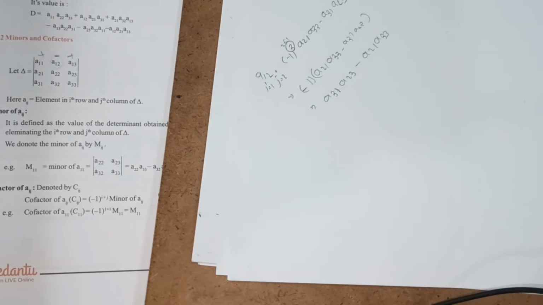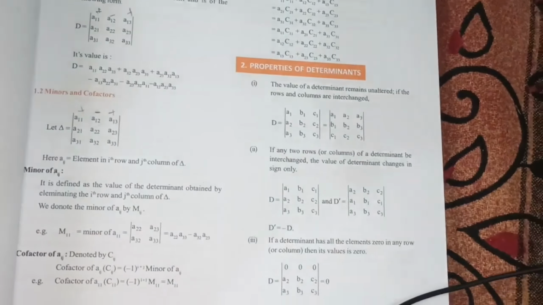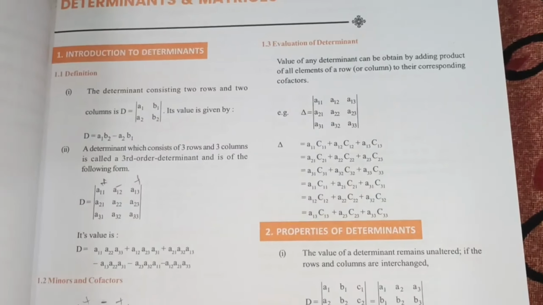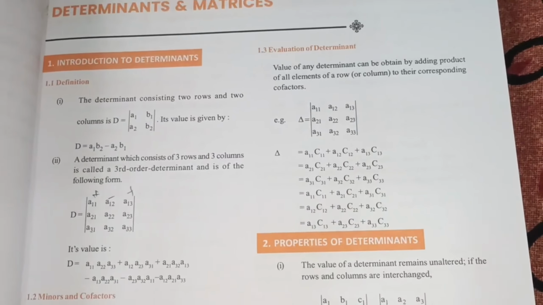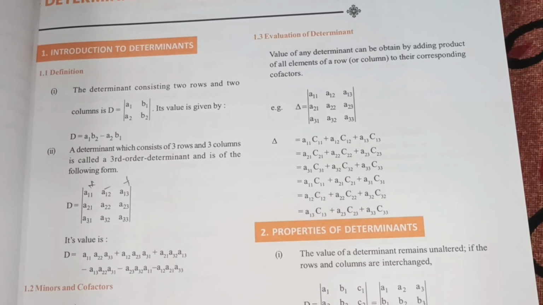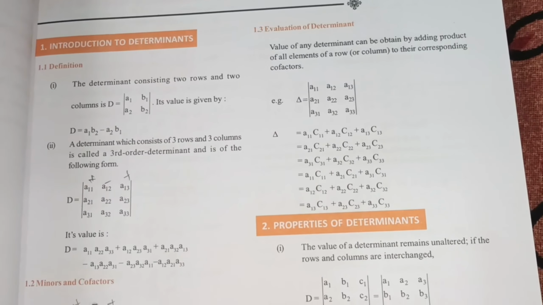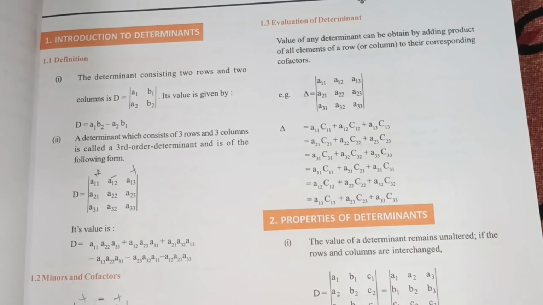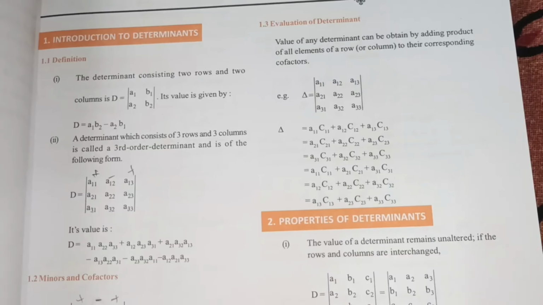Next we're going to see the evaluation of a determinant. The value of any determinant can be obtained by adding the products of all elements of a row or column with their corresponding cofactors.